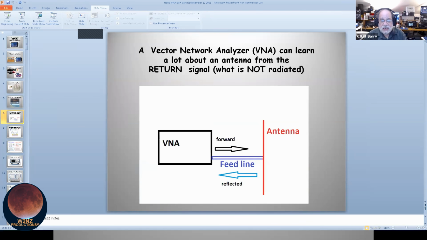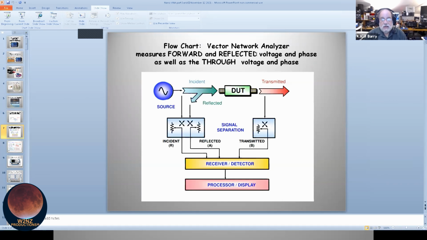But in terms of sending a signal into like a filter, you can get some energy going through the filter and analyze that. So there's kind of like two paths that you can use to analyze circuits, a reflected path and a through path. So this is as technical as I'm going to get. I didn't make up the slide, but it sort of shows you in block diagrams what we've got here in this little Nano VNA.